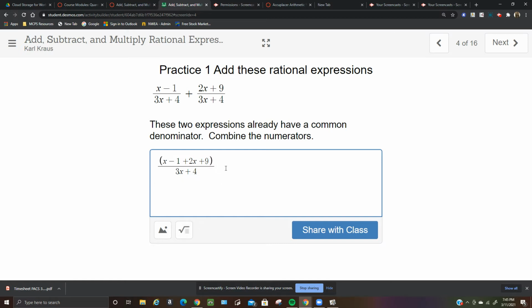So now I just have to combine the expression in the numerator here. It's 3x plus 8 over 3x plus 4. And I'm finished there. I can take these parentheses away now that I have this written as a numerator and denominator.